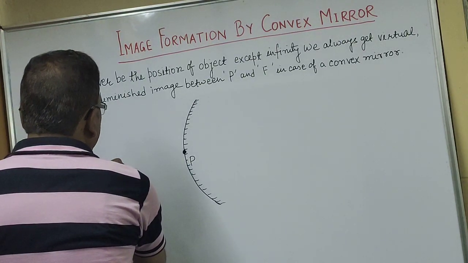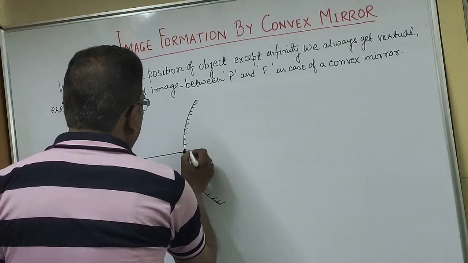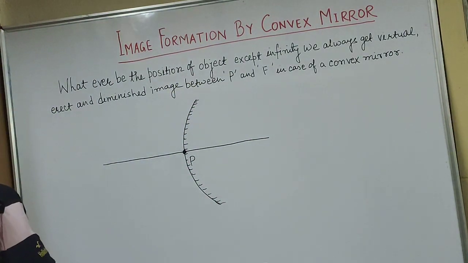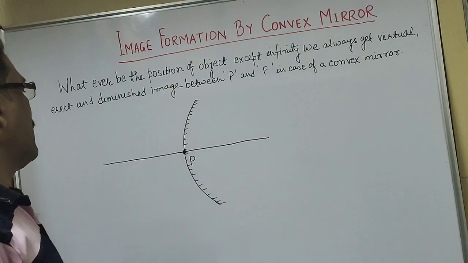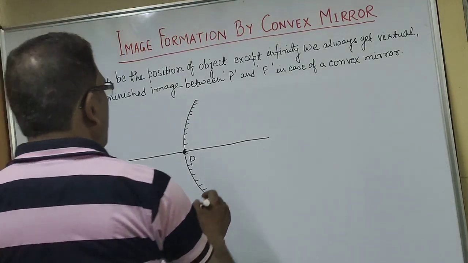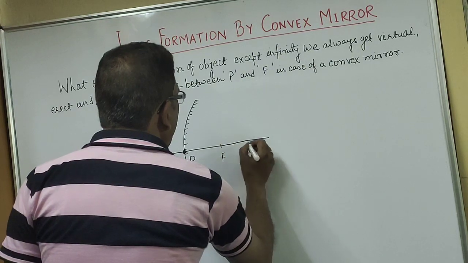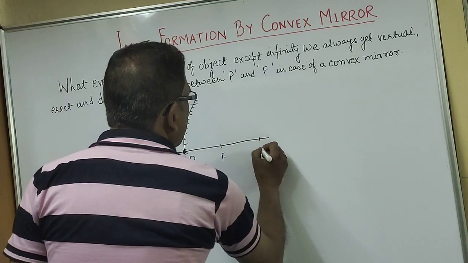Draw a horizontal line through P. This line represents the principal axis. Now mark the points F and C.